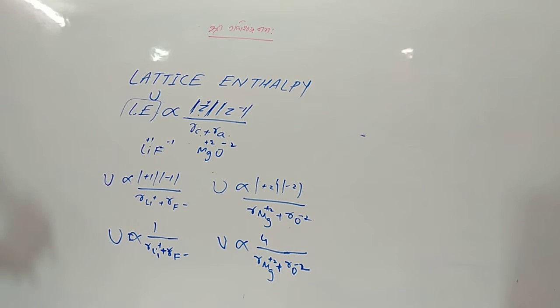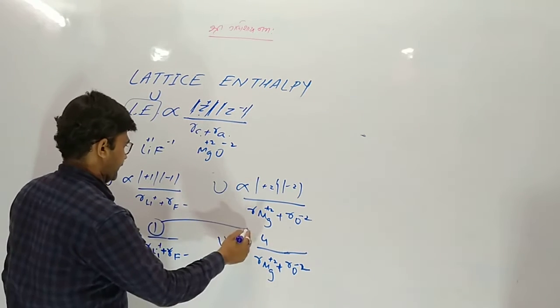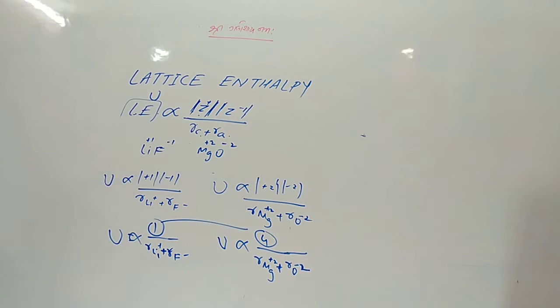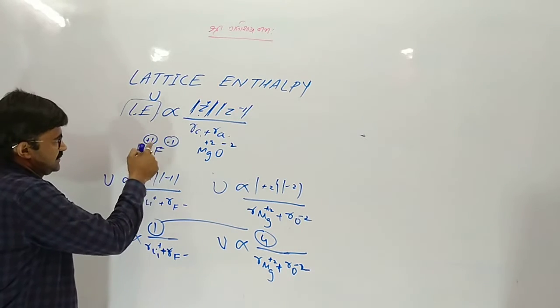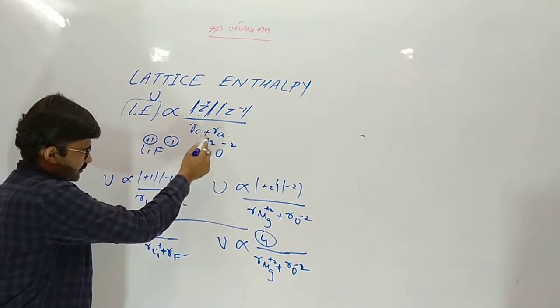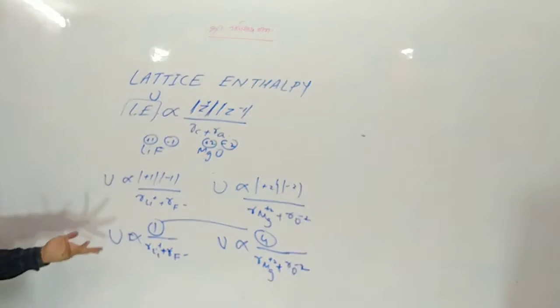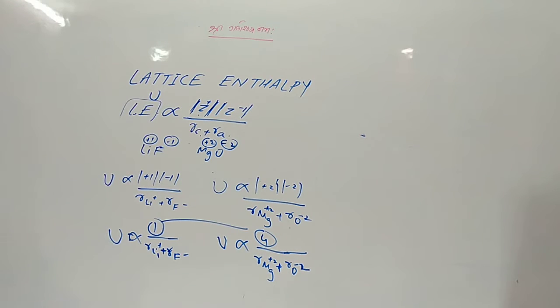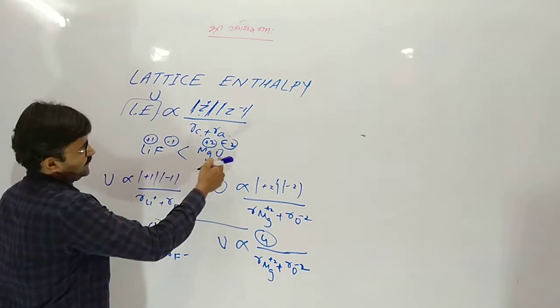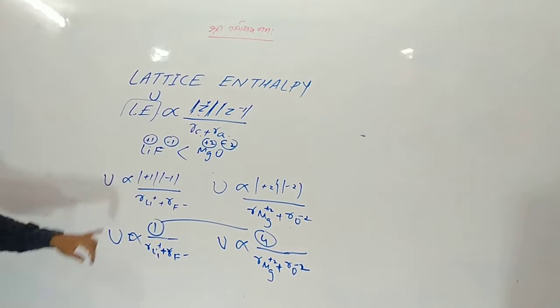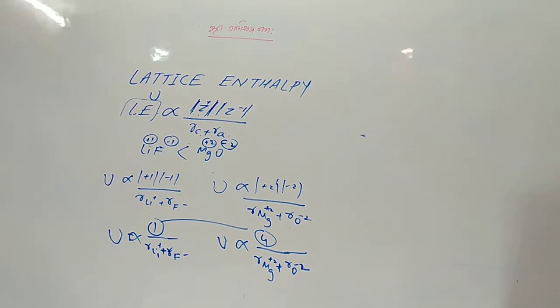Here you can see the upper part is 4 times more for magnesium oxide. In the other case both have 1:1, here 2:2. Obviously magnesium oxide is divalent, while the other is monovalent. So magnesium oxide has more lattice energy. Understood?